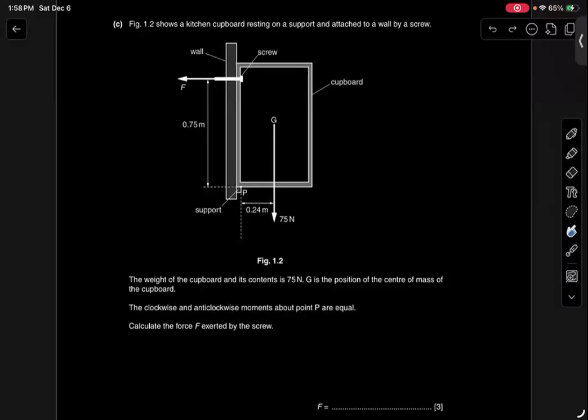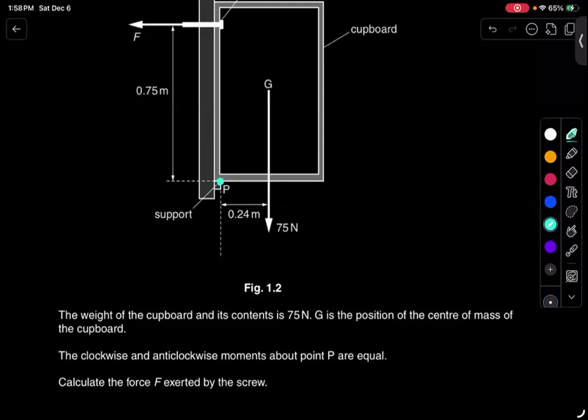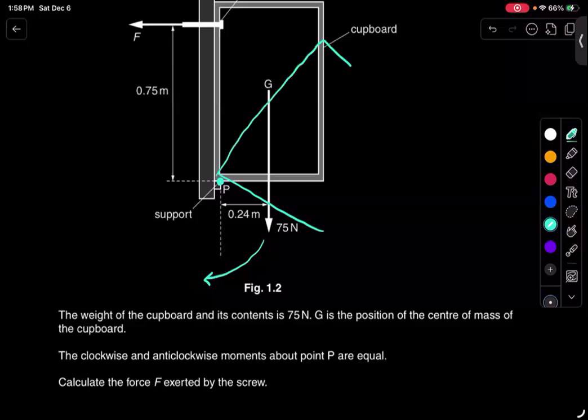So, first of all, if this is the pivot, the weight is probably going to turn this entire bracket in this direction, right? It's going to make the entire bracket fall down like this. So that means the weight is going to make it turn clockwise.